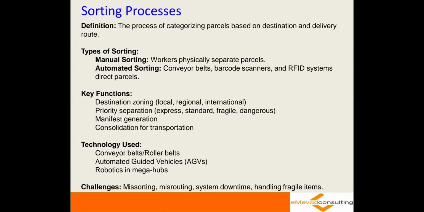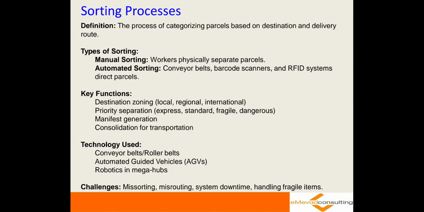That is sorting. Then what are the technologies used in sorting? I've mentioned the conveyor belt before, and the roller belt. A conveyor belt is used to sort packages, to move packages in a row without anybody touching them. It's mechanically controlled. Once you put it on, you see the packages on the belt. The packages are just placed on the belt and they start moving.